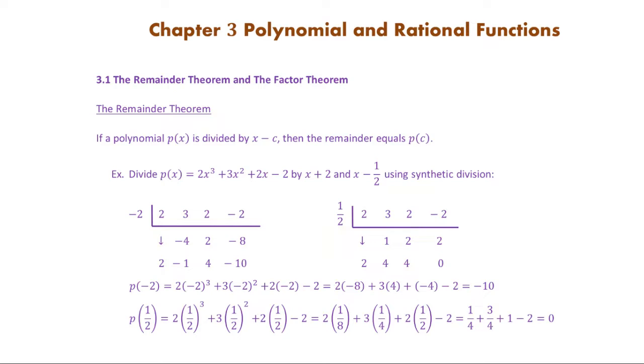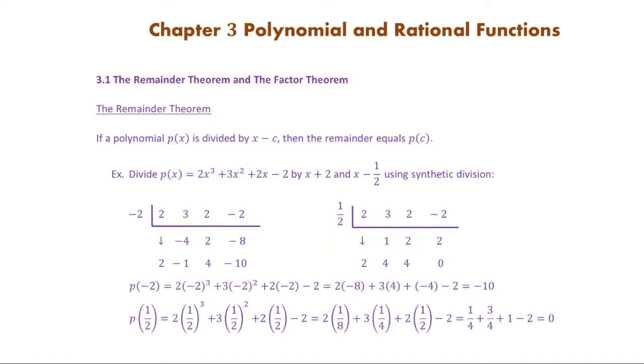Negative 2 squared is 4, so you get 3 times 4 in the second term. And then 2 times negative 2 is negative 4, so that's the third term. And then you subtract 2. So 2 times negative 8 is negative 16. 3 times 4 is 12. So negative 16 plus 12 is negative 4. Negative 4 plus negative 4 is negative 8, and negative 8 minus 2 is negative 10.